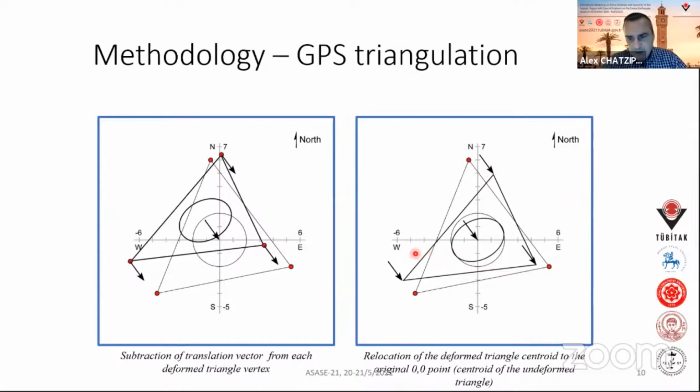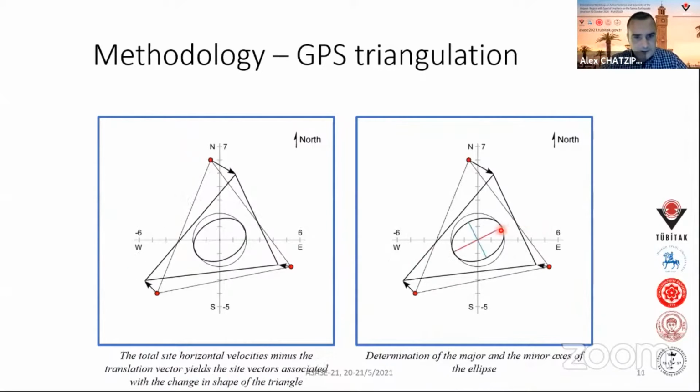That is, triangles that probably belong to the same block, or that have some faults crossing the areas, etc. And this is the final product, these 2 axes. Any structural geologist can understand that if the difference between those 2 axes is large, then the deformation at that point is large. If the difference between those 2 axes is small, then there is not much deformation.